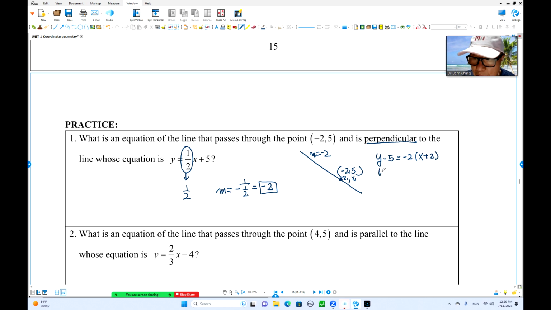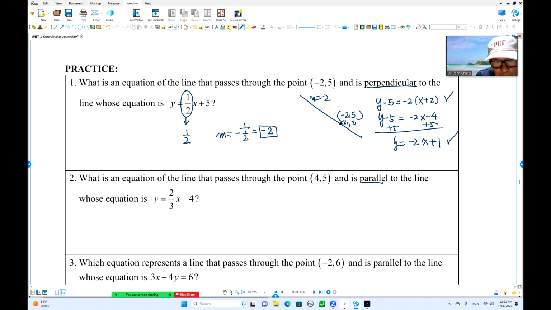That's the answer. Or you can change this into slope-intercept form. Negative 2x minus 4, you can add 5 to both sides. So y equals negative 2x plus 1. Okay? You can leave it this way, or this is okay too. Any form will be accepted. Okay? The next example is parallel.